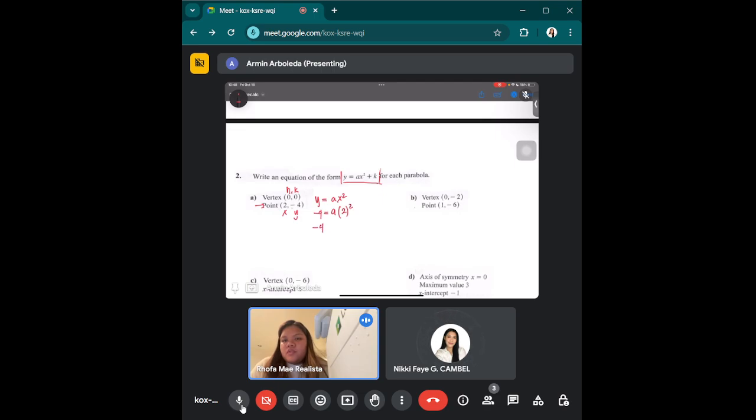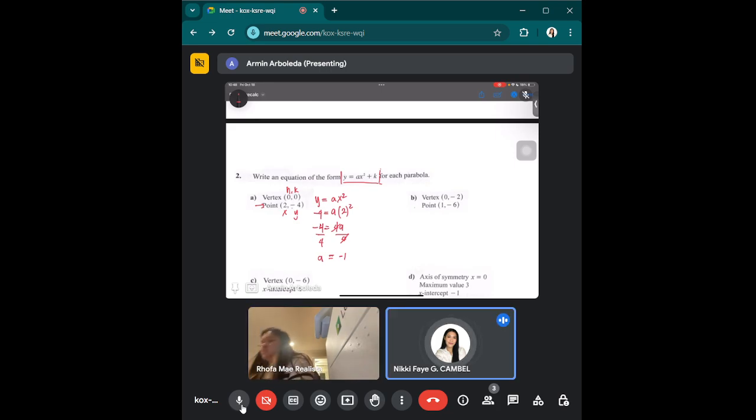It's going to be 4a. Divide both sides by 4. What is our a? It's just 1, right? But it's negative.